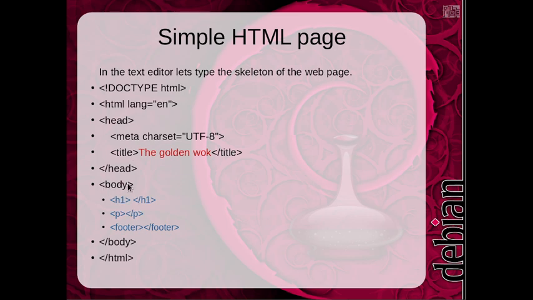The body tag: we have a body and a closing body, and in the body tag we will write the full page. Every page will mostly start with H1, which is the header, the title, and the paragraphs are the P tags, bracket P and bracket slash P. The footer usually has contact information.